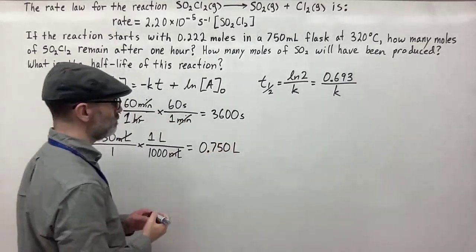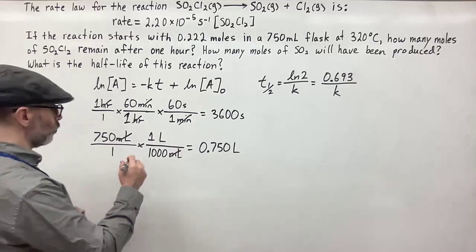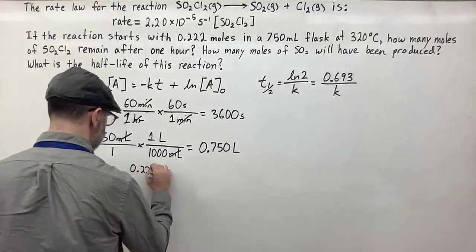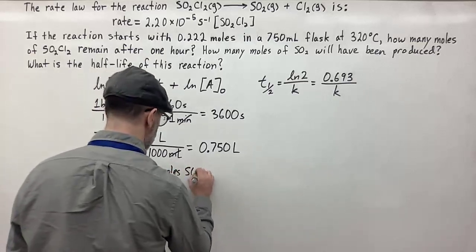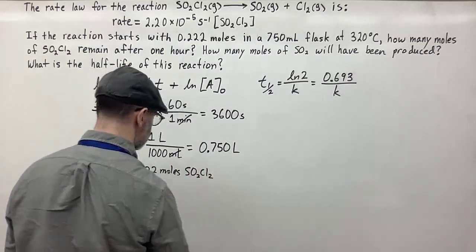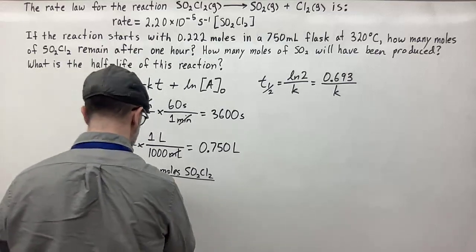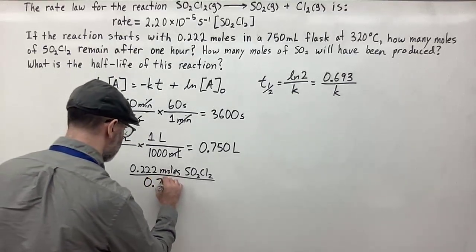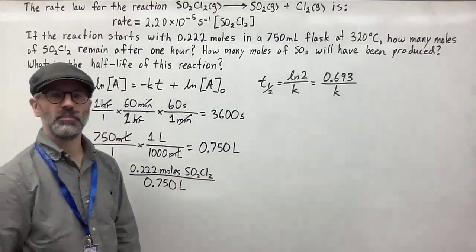0.750 liters. To find the concentration, we take the moles, 0.222 moles of the SO2Cl2, and divide that by the liters, 0.750 liters.